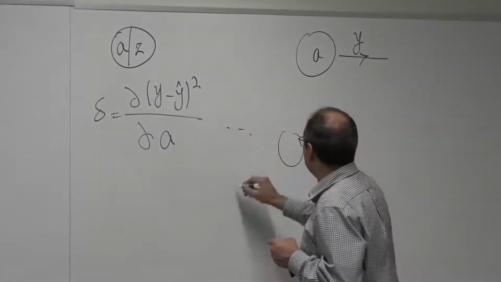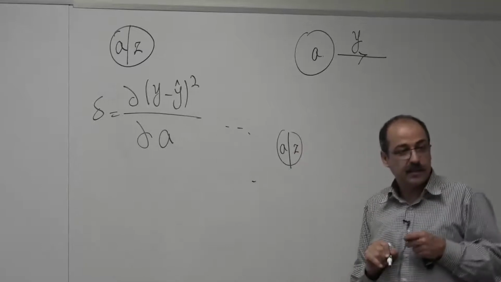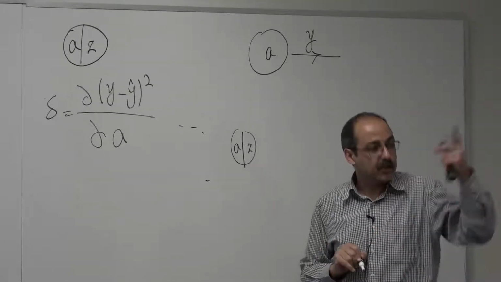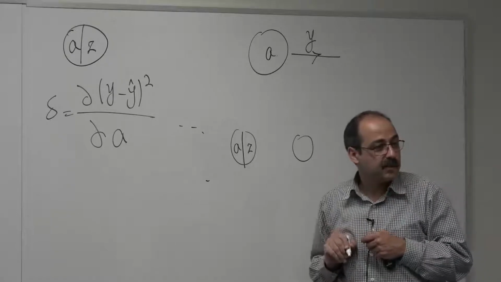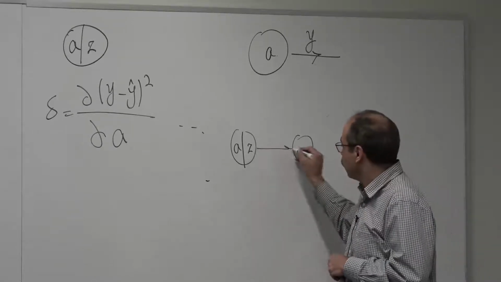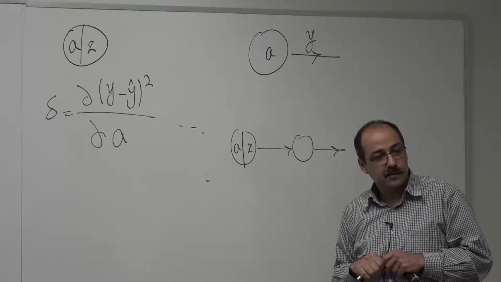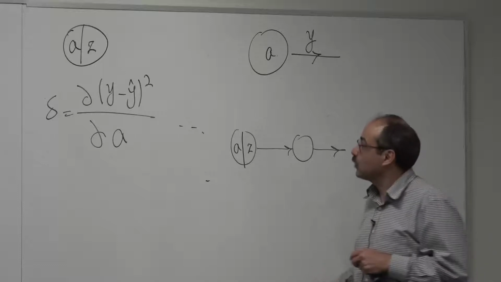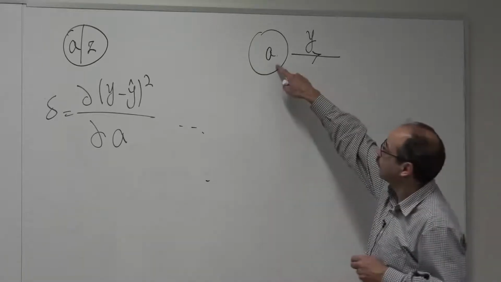Because if your last layer has z, I'm just going to add a new layer to this, which doesn't have z. Whatever this z is goes here and goes out, and the new layer doesn't do anything to it. So just for simplicity, assume that the last layer doesn't have z.